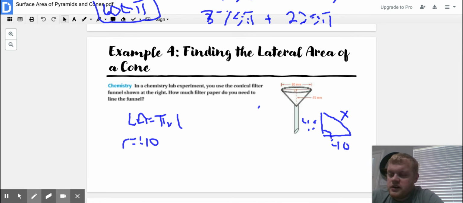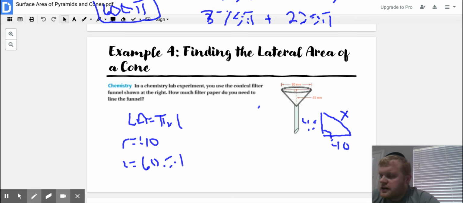So I have 40 squared plus 45 squared, and I get a big number of 3,625. I'm going to take the square root of that number, which should give me a decimal of 60.21. So we know that that slant height, that L, is going to be 60.21.